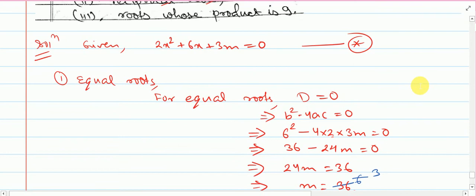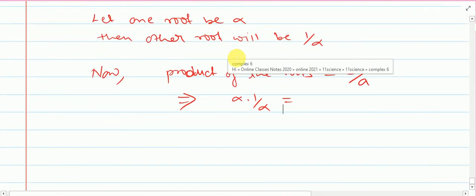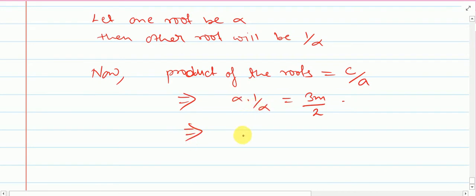So c is 3m and a is 2. So here we have 3m by 2. Alpha, alpha cancel, you are left with 1 equal to 3m by 2. So m will be 2 by 3.